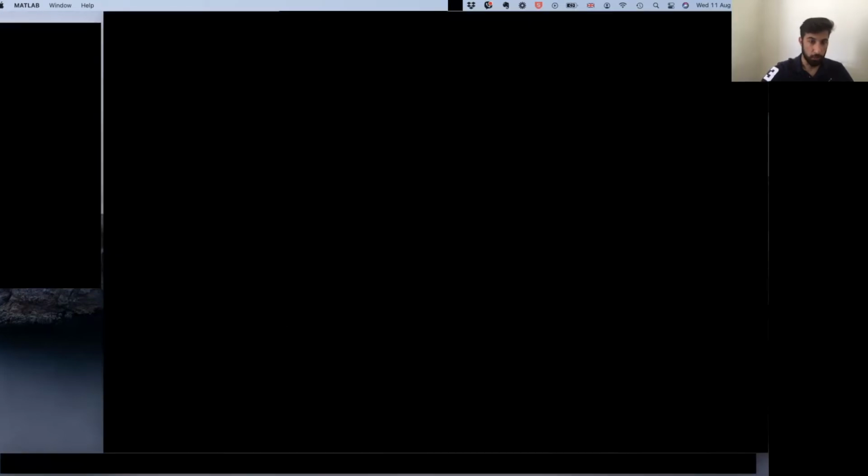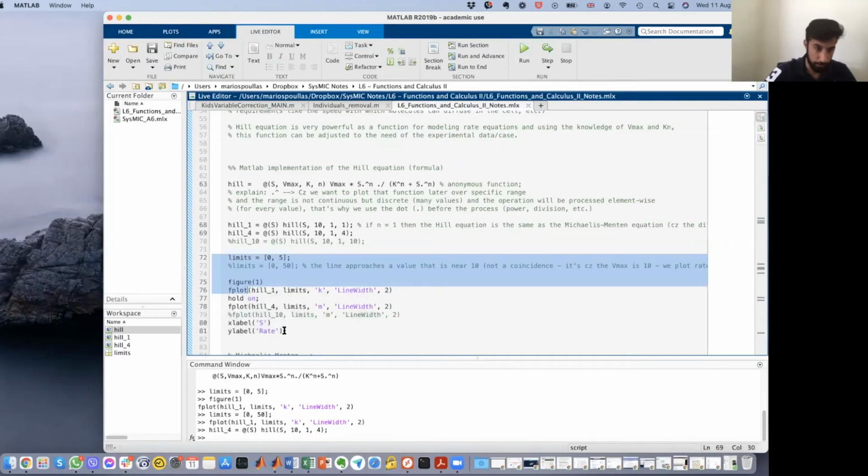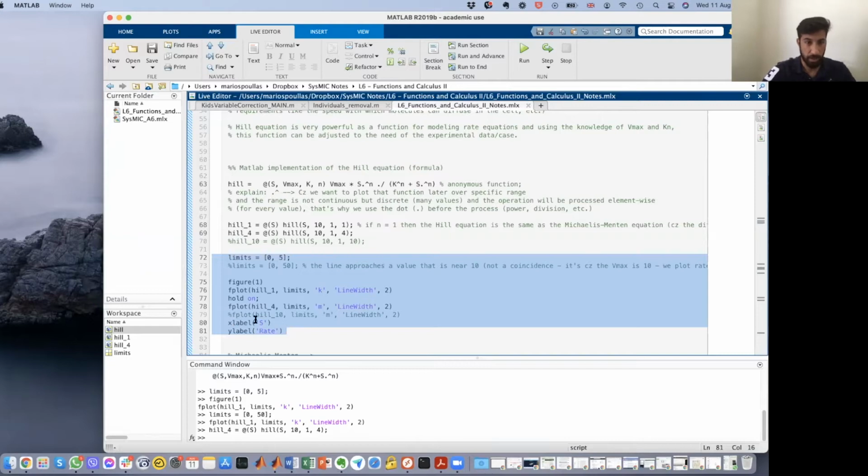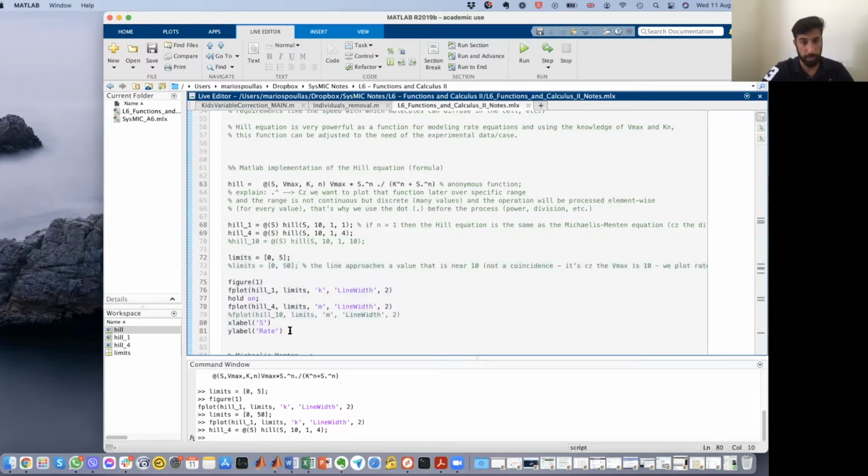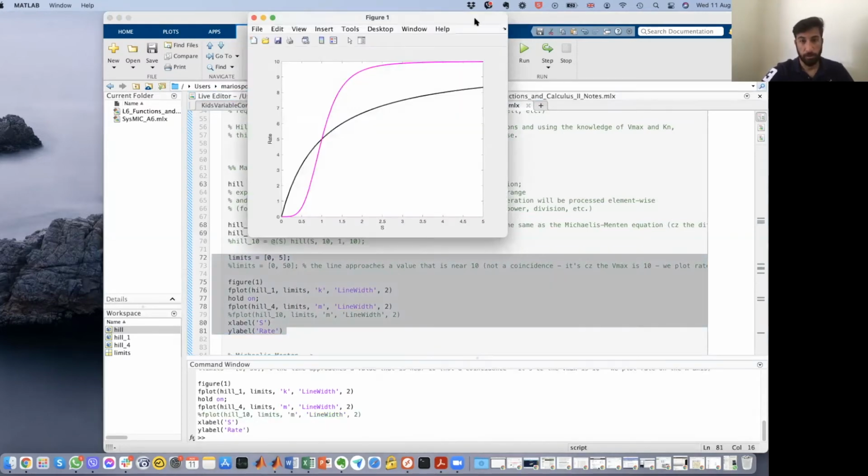So let me run this all together, and then I'm naming the x and y axes, with S for substrate on the x-axis and rate on the y-axis. And we've got this.